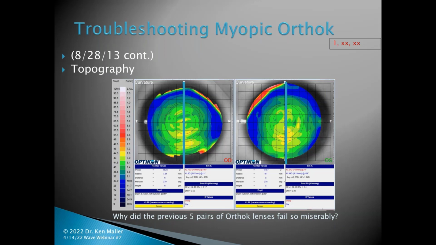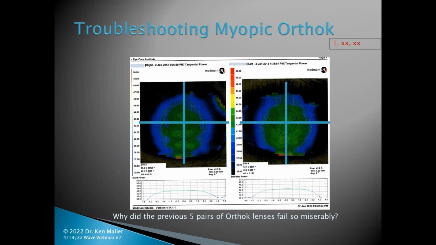We could see that they look fairly symmetrical from left to right side. But top to bottom, they really don't look very symmetrical. We could see that it's a lot steeper down at the bottom than it is at the top. And just for comparison, here are the Medmont ones, and we could see the exact same problem on the Medmont topography right at the beginning of this case.